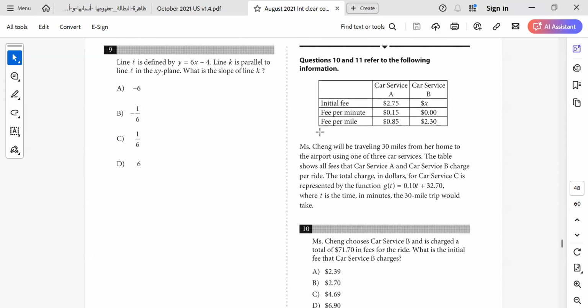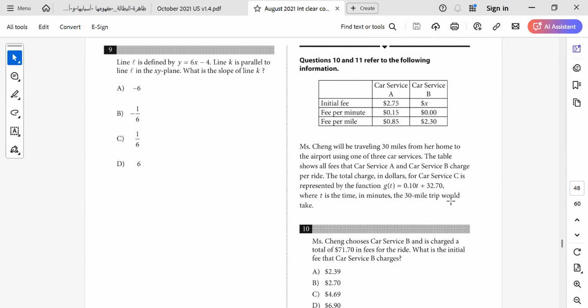Okay, let me read the question itself. Ms. Cheng will be traveling 30 miles from her home to the airport using one of these car services. The table shows the fees of the car services. Be careful, this trip is 30 miles.